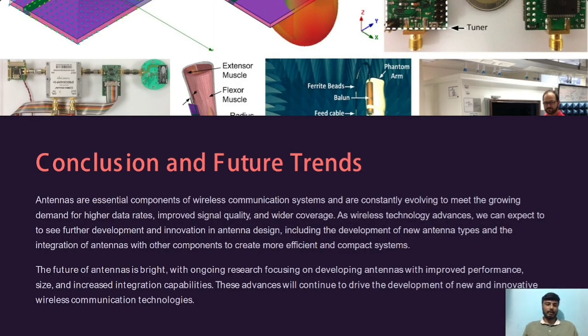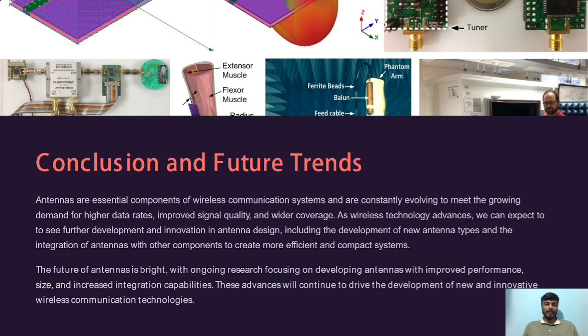Antennas are essential components of the wireless communication system and are constantly evolving to meet the growing demand for higher data rates, improved signal quality, and wider coverage. As wireless technology advances, we can expect to see future innovations in antenna design, including the development of new antenna types and the integration of antennas with other components to create more efficient and compact systems.